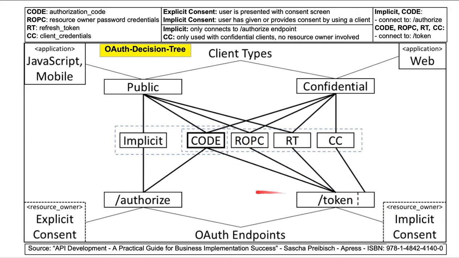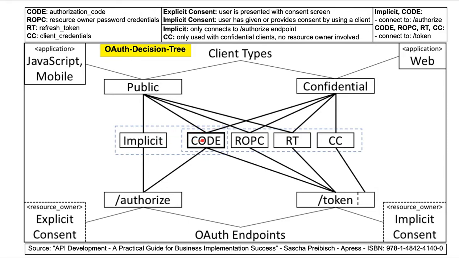There are two endpoints in OAuth, which are also shown here in this diagram, the authorization endpoint and the token endpoint. There are only these two client types, confidential and public. And this dotted line here, this one and this longer one, indicates the flows that communicate to a certain endpoint.